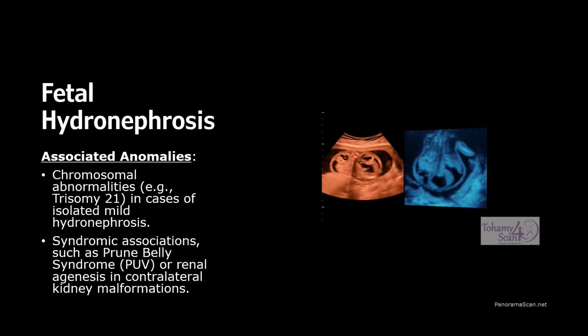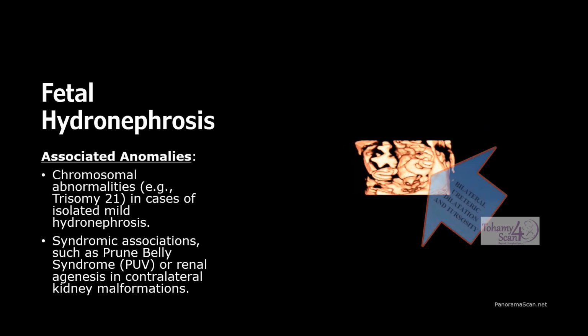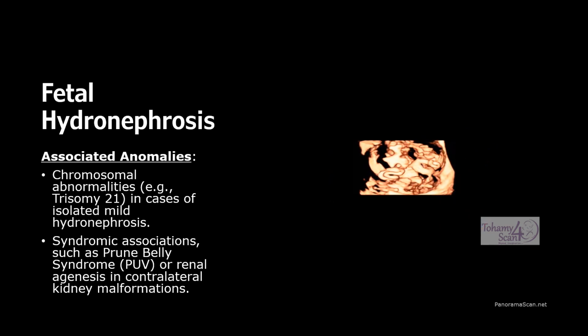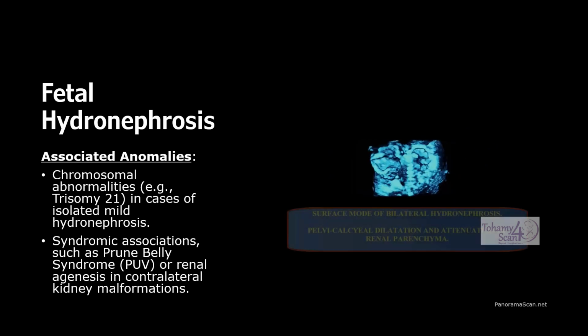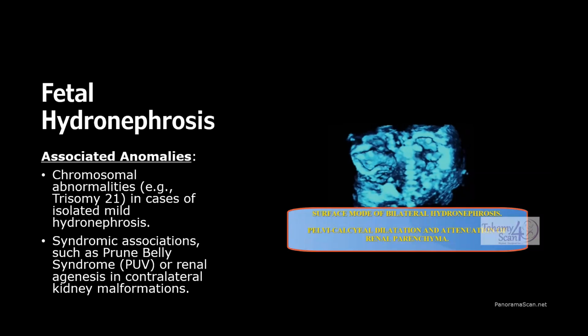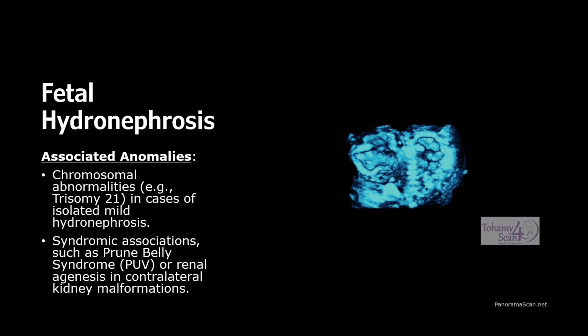It may be a part of a broader developmental issue that requires a more comprehensive approach. So while mild hydronephrosis may seem relatively benign, a thorough investigation of associated anomalies is critical. After all, it's always better to be thorough than to find yourself in a hydronephrotic situation later on.